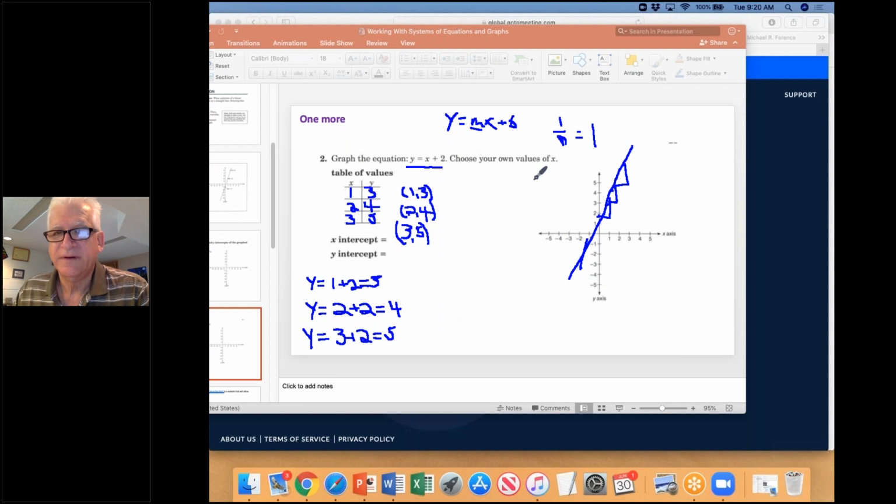You can start anywhere on this line, and to get to the next point, you determine how many over and how many up. Over 1 and up 1, over 1 and up 1.